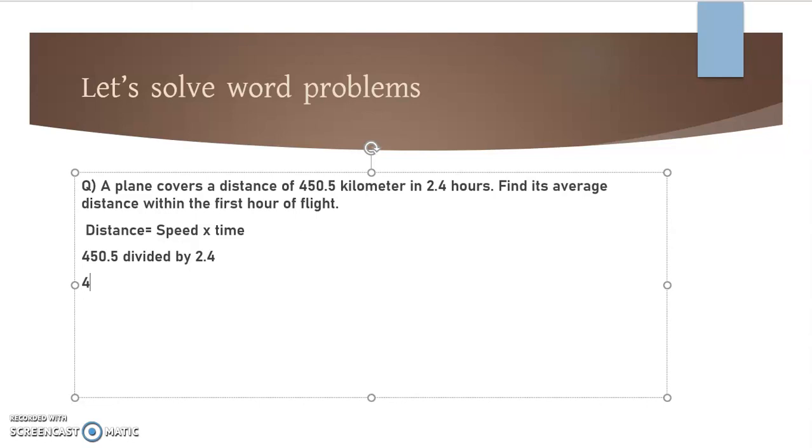So 450.5 over 24, after multiplying both the numerator and denominator by 10. Okay, wait, 1 second.